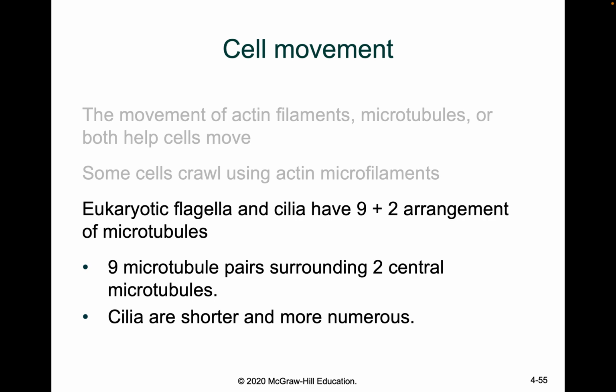Another way is through flagella. Remember these big structures that we were talking about in prokaryotes, which help propel cells forward. Well, eukaryotes also have flagella, but they are much different from prokaryotic ones in how they're composed and in their structure.